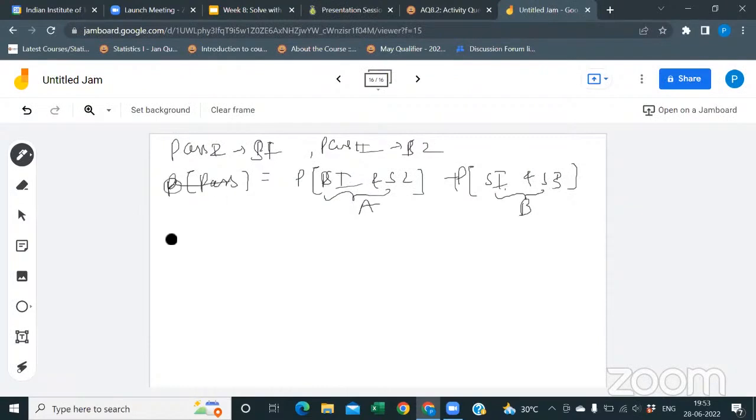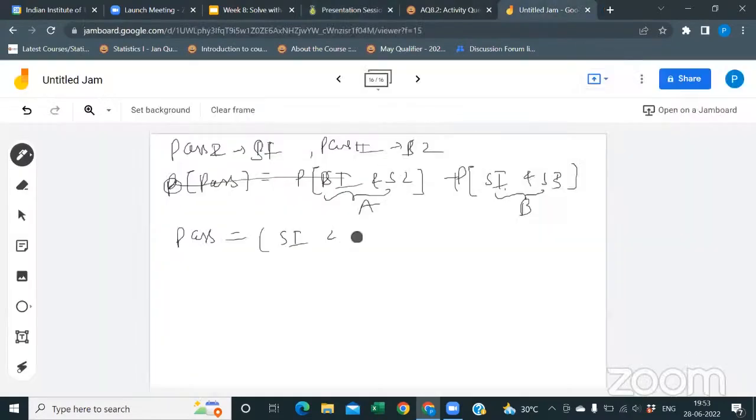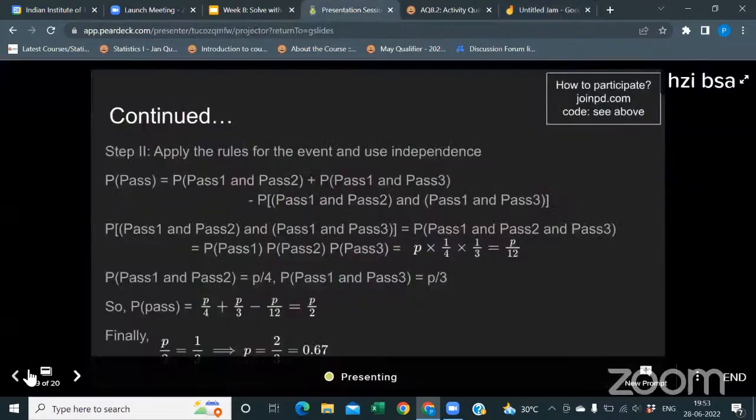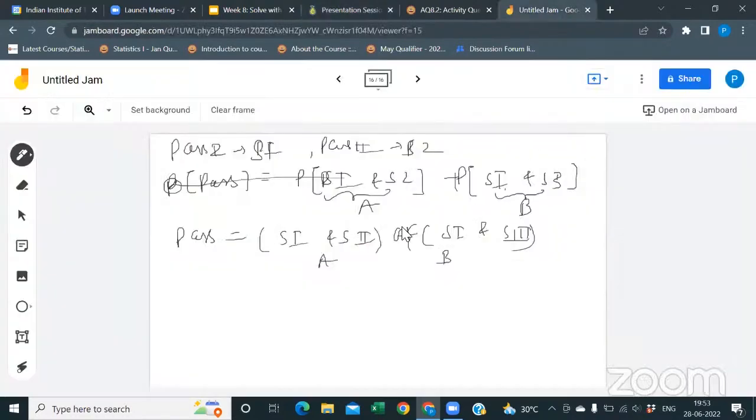Pass means pass 1 and pass 2, or pass 1 and pass 3. So this is A, this is B. Then probability of pass means probability of A or B, right?